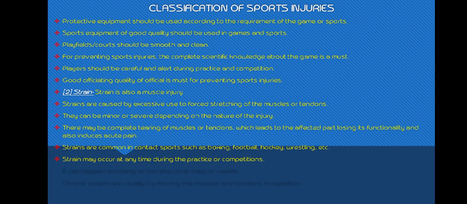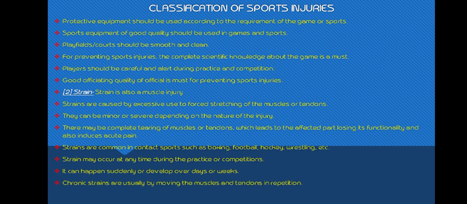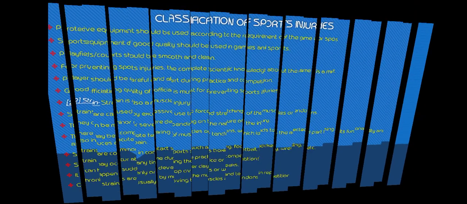Strain may occur at any time during practice or competition. It can happen suddenly or develop over days or weeks. Chronic strains are usually caused by moving the muscles and tendons in repetition.